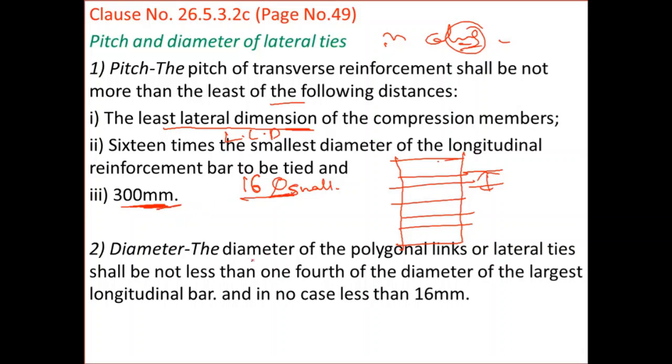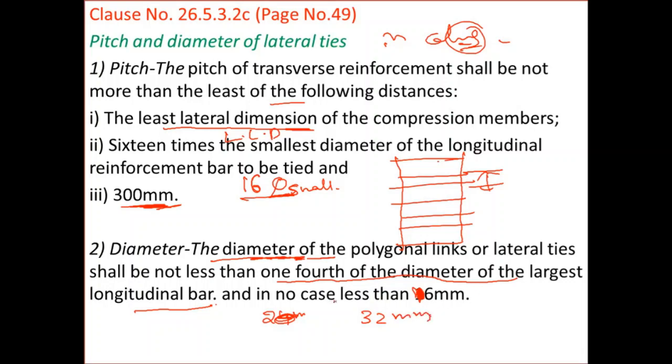Then if you take the diameter of the lateral tie, it should not be greater than 1/4 of the diameter of the largest longitudinal bar. Suppose the largest longitudinal bar is 24 mm, or else let us consider it as 32 mm.